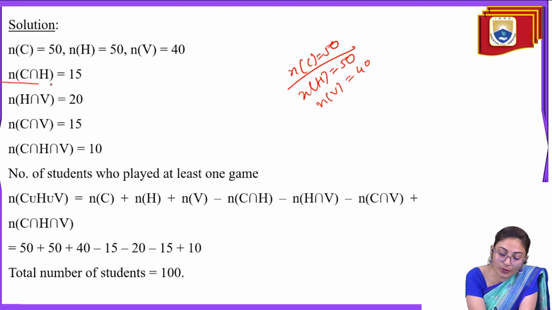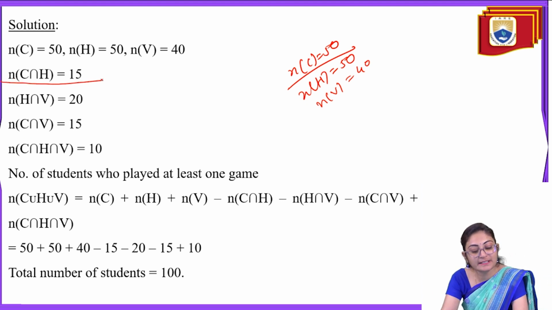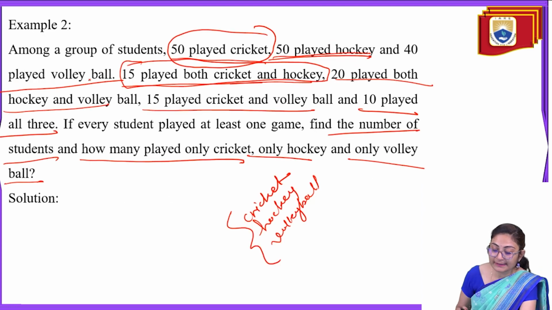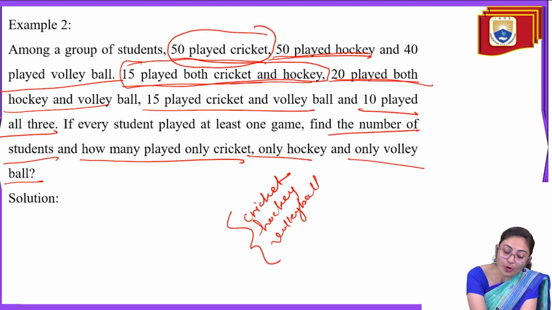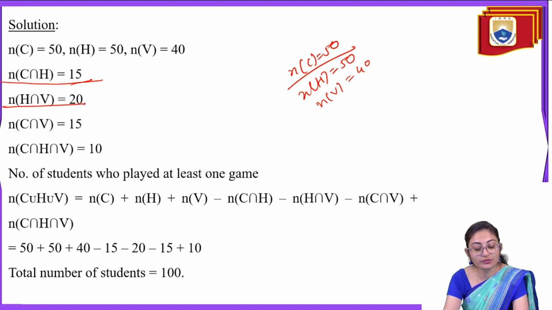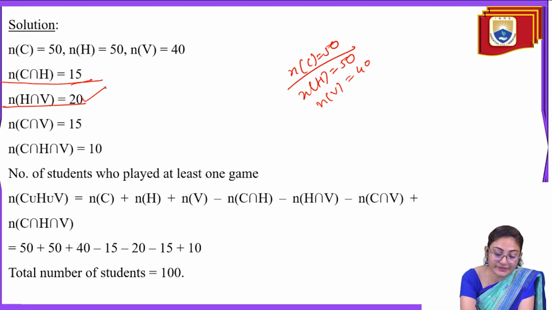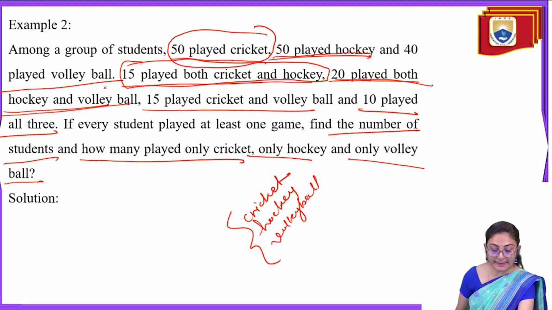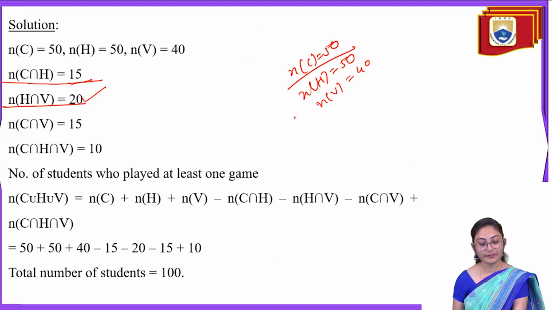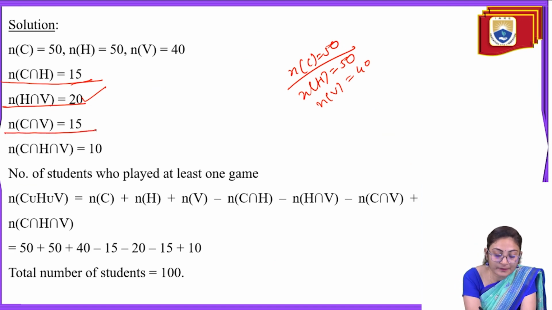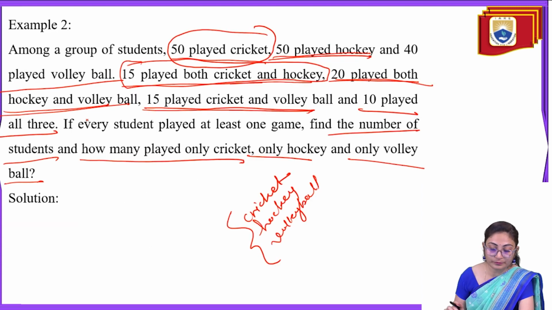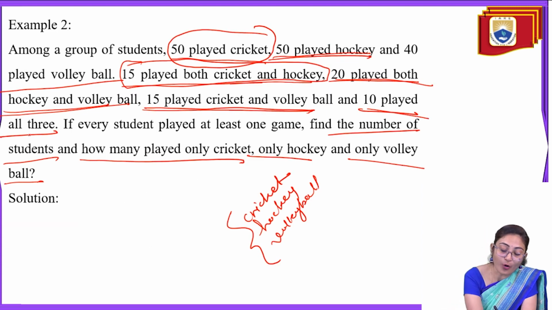So n of C intersection H is 15. Then 20 played both hockey and volleyball, n of H intersection V is 20. Then next 15 played cricket and volleyball, n of C intersection V is 15. Now 10 played all three.